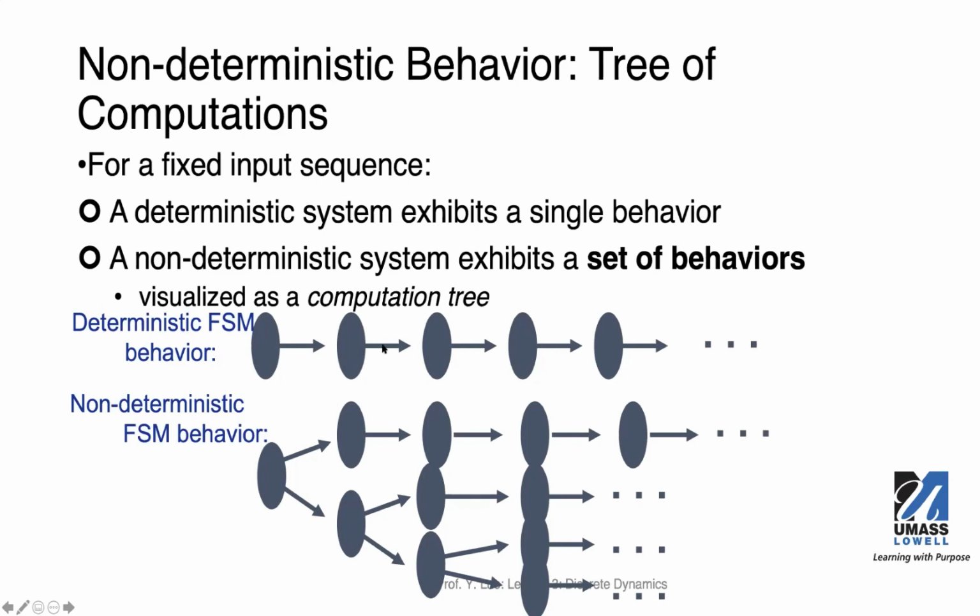And you follow this all the way further. But for a non-deterministic finite state machine, you will possibly go to different states given the same input value. So that's what we see here. From here, you may go to these two different states, even when you have the same input value on the input signals.